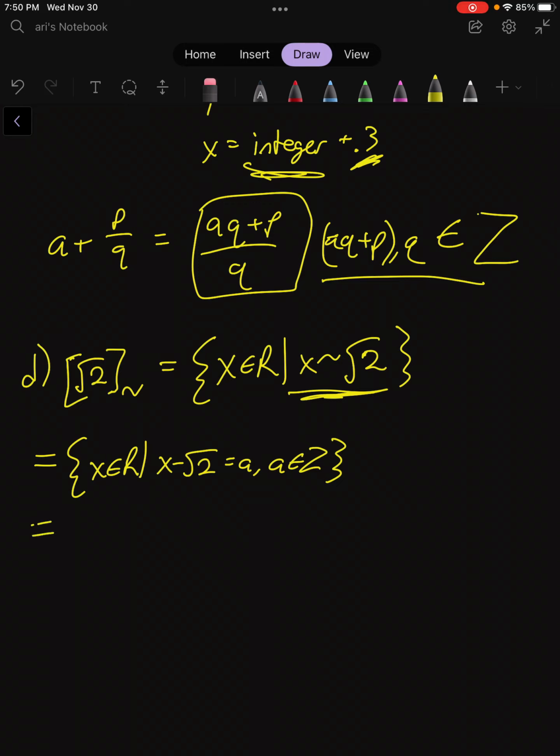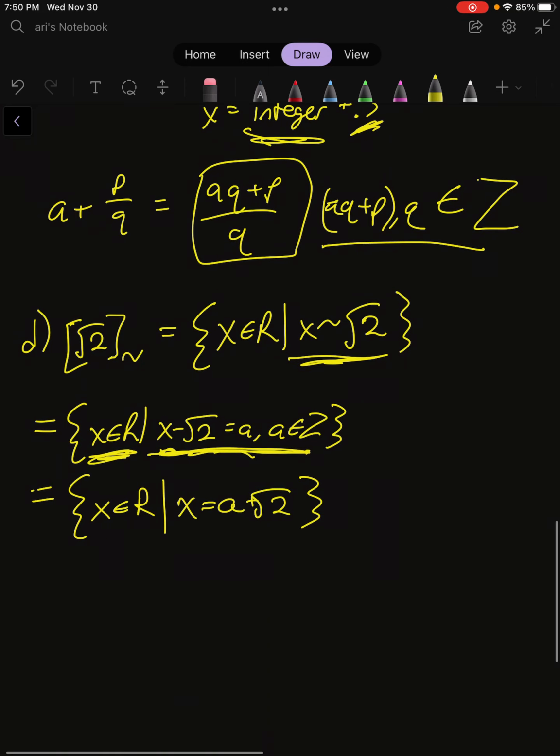And that is equal to, we want to say something about x. We have this thing where x is a real number, but we have a condition on x. So now we want to use this condition in terms of x. That's why I'm doing the algebra. X equals a plus the square root of 2.